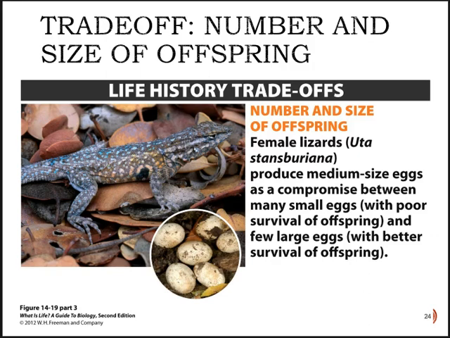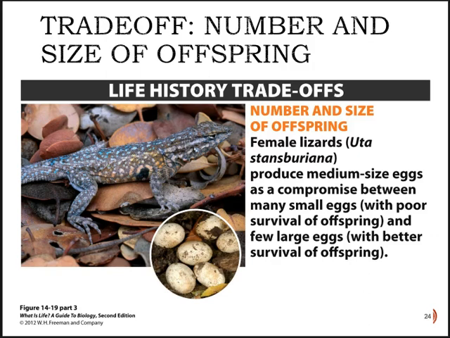So lizards lay eggs, and this particular lizard is called Uta stansburiana. That's how you say that. These guys produce medium-sized eggs, and they produce a medium amount of them. That's in contrast to some lizards that will do lots of eggs, but they'll be small.